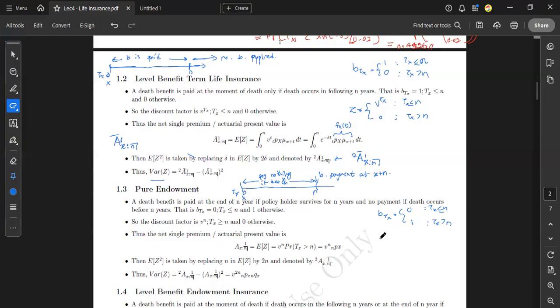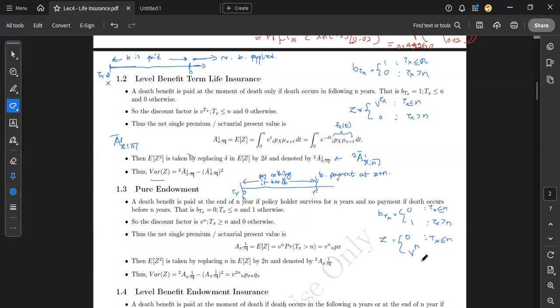And the present value, now you can see if there's no payment occurs between 0 and n, there's no value to bring back to present. So it's 0.